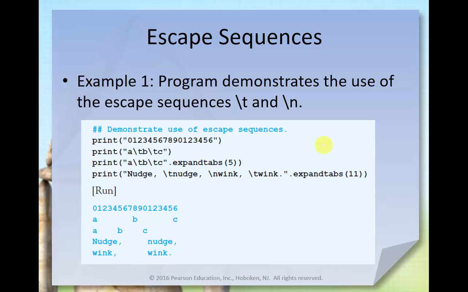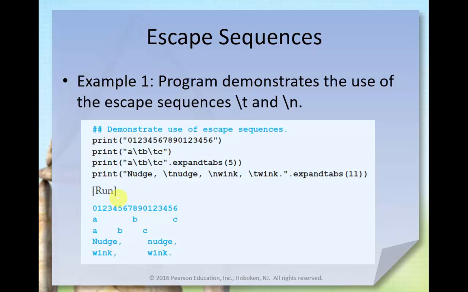Here's an example of using escape sequences. We have a string of numbers printed out, to give us a helpful index on the positions here to keep track of what's going on. Then we do a print statement, A, B, and C, but we use \t in here to insert a tab character between the 3 letters.